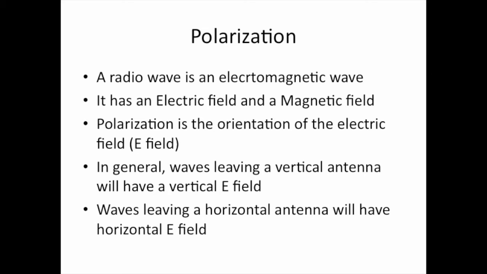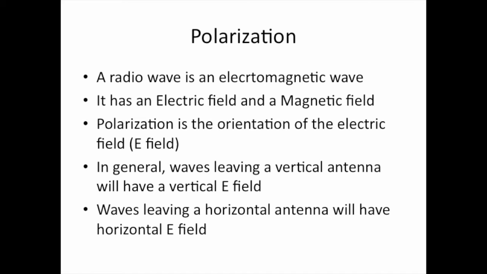Now, this by no means means that a wave from a vertical antenna is going to remain vertical, or that a radio wave from a horizontal antenna is going to continue to have horizontal polarization. The polarization is going to shift.